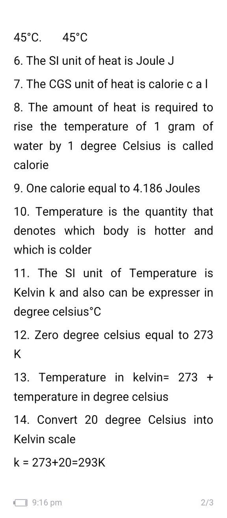Temperature is the quantity which denotes which is the hotter object and which is the colder object. The SI unit of temperature is Kelvin, and it can also be expressed in degrees Celsius. Units are very important. The SI unit of heat is joule, the CGS unit of heat is the calorie, the SI unit of temperature is the Kelvin.